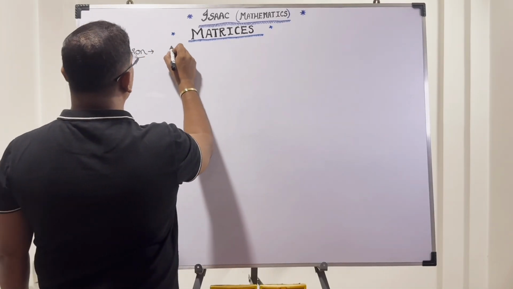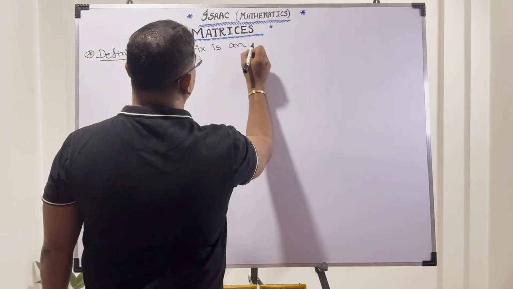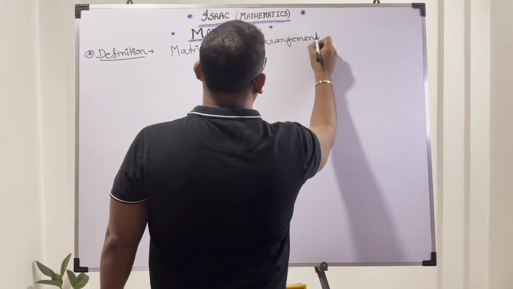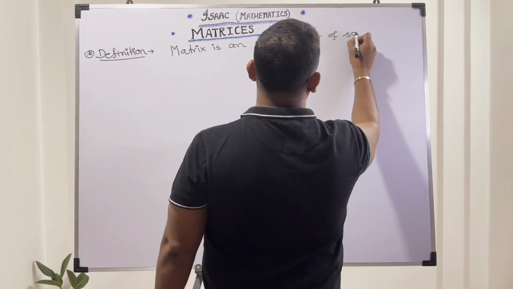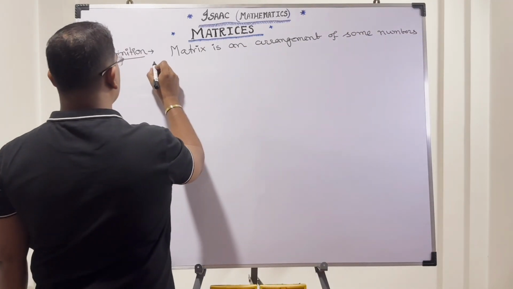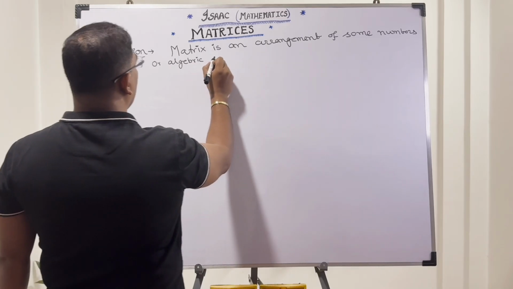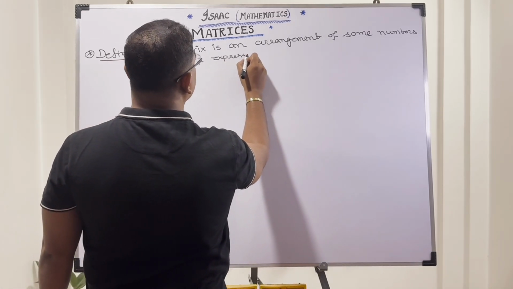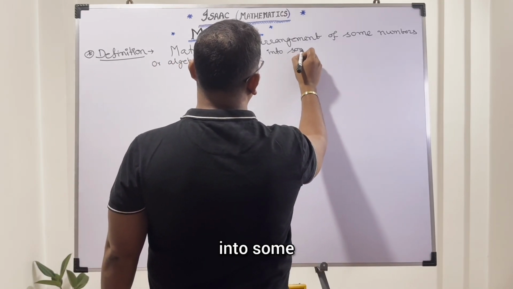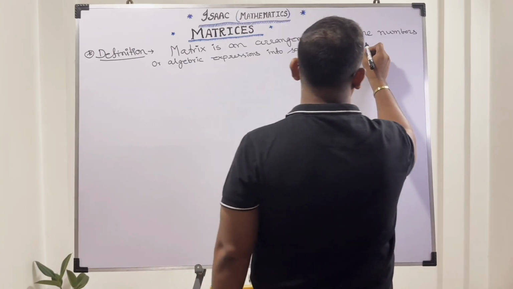Definition. Matrix is an arrangement of some numbers or algebraic expressions into some rows and columns.